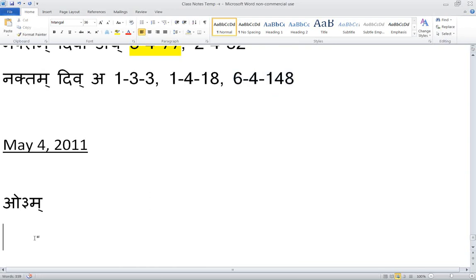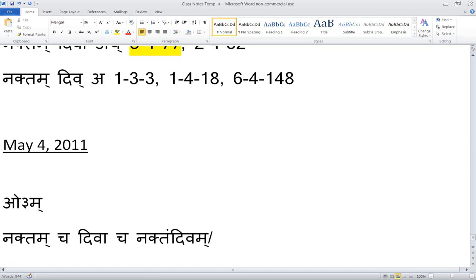Let me put that one here. Let's look at those things which we know are non-controversial. And that is this much, which is the Vigraha Vakyam: Naktancha Divacha, and the form is Naktan Divam.